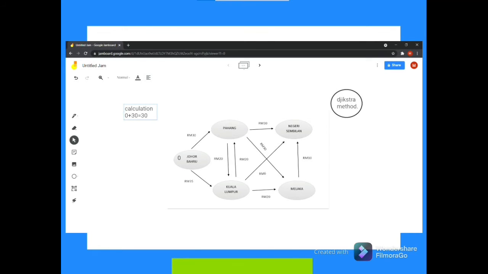So, we label Pahang as 30. Next, we calculate the price from Johor Bahru to Kuala Lumpur, which is 0 plus 35, equal to 35. So we label Kuala Lumpur as 35.